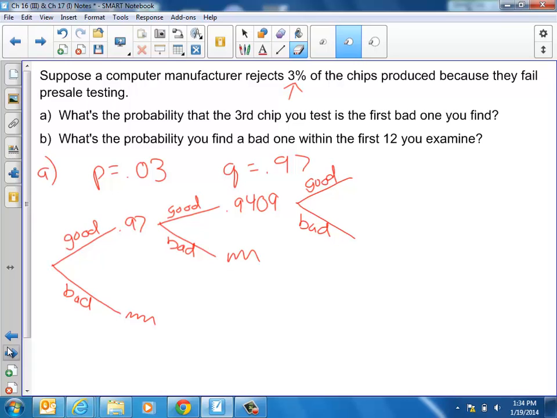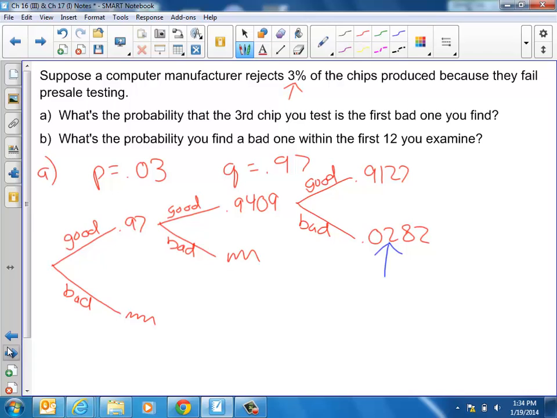Not 0.8853. That should be 0.9127 and 0.0282. Okay. Note that this, let's do this in blue because we're building to a big idea. Note that this 0.0282 has been 2 failures followed by a success. Yeah, that's right. 2 failures followed by a success.